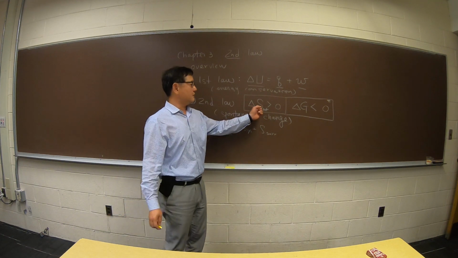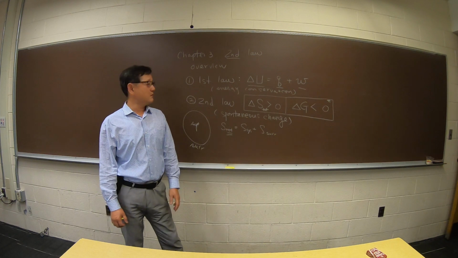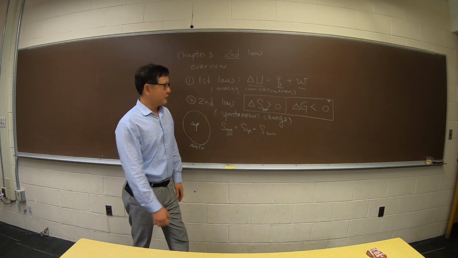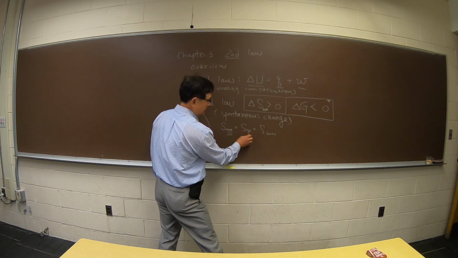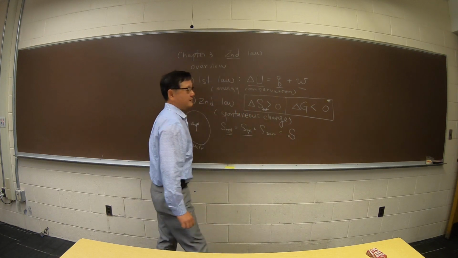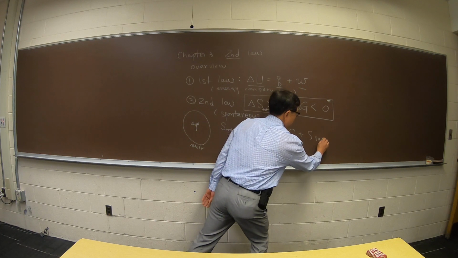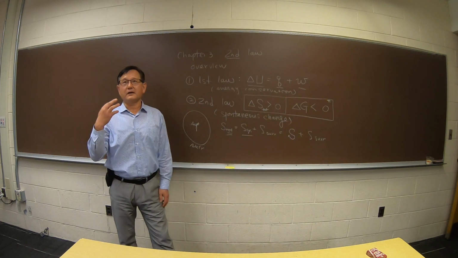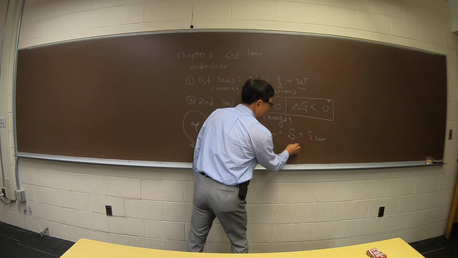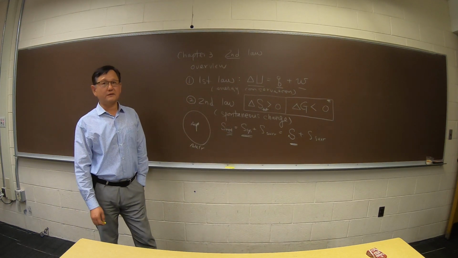The correct statement is that the entropy of the total always changes in the direction of increasing. And for the system alone, we simply say S. Because eventually our interest is always focused on the system, when you simply say S, that means you're talking about the entropy of the system.